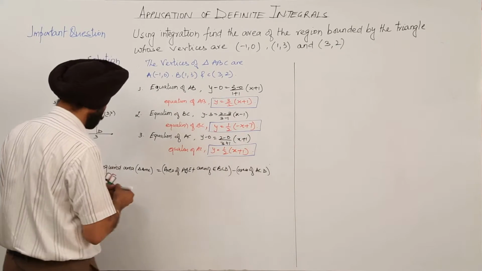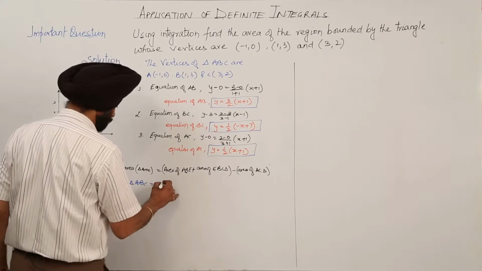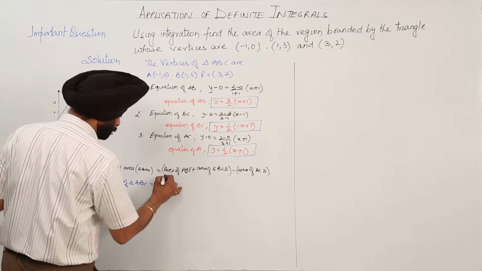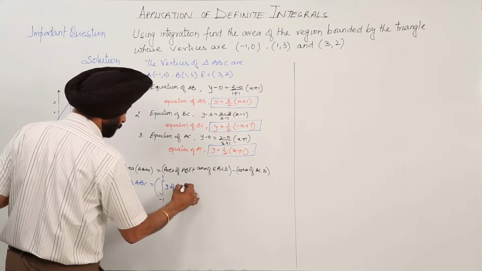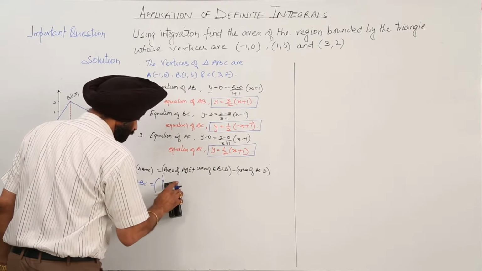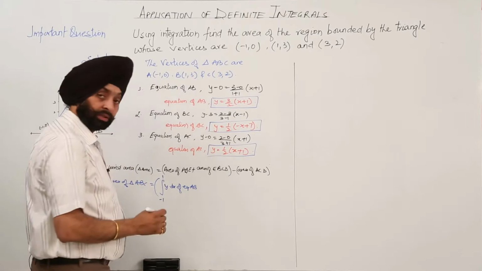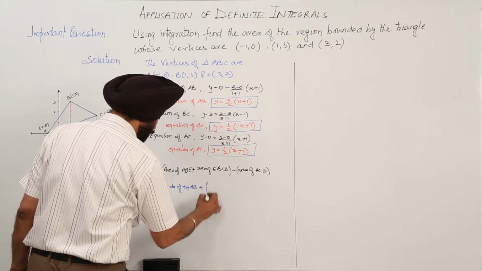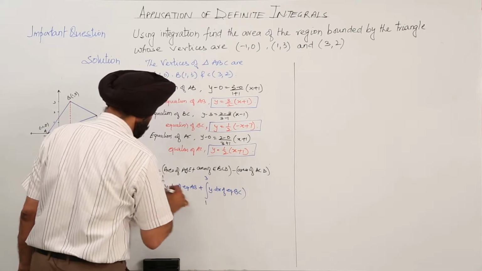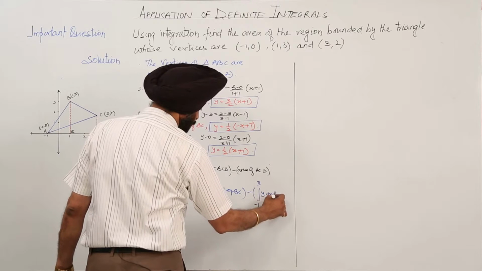Now the area of triangle ABC is equal to, the area of ABE we will write as the integral from minus 1 to 1 of y dx of the equation AB, plus the integral from 1 to 3 of y dx of the equation BC, minus the integral from 1 to 3 of y dx of the equation AC.